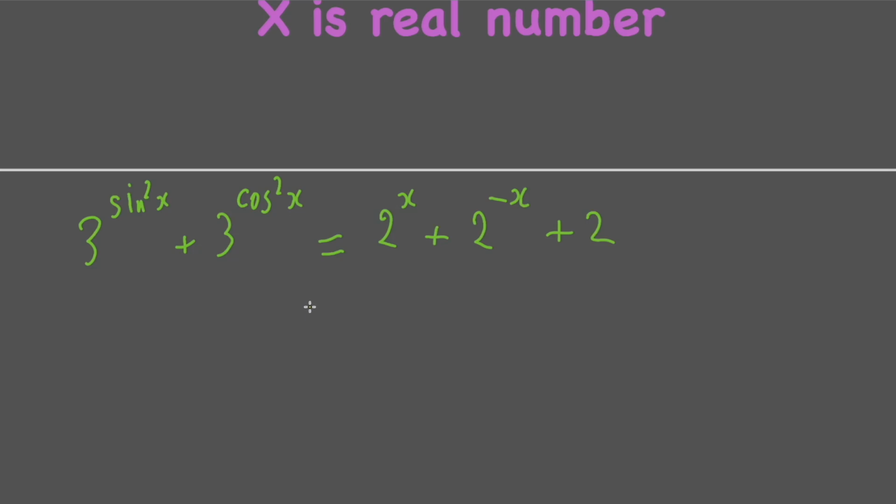So this kind of equation is a special form, because on the left hand side the exponent is represented with the sine x function and cosine x function, and on the right hand side, in the exponent, it contains only x and negative x.